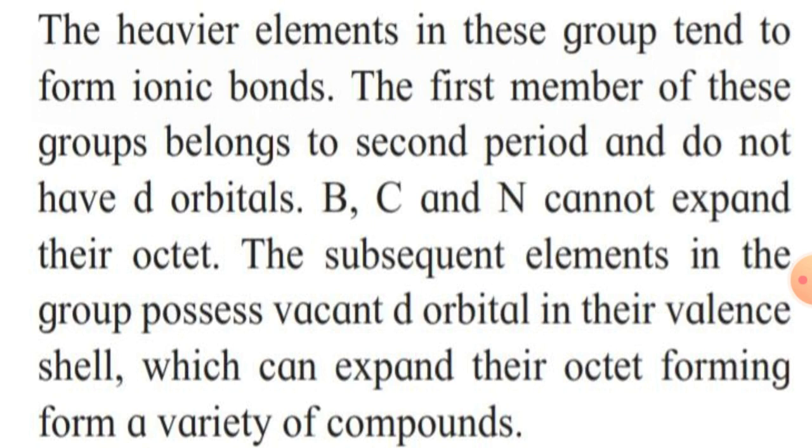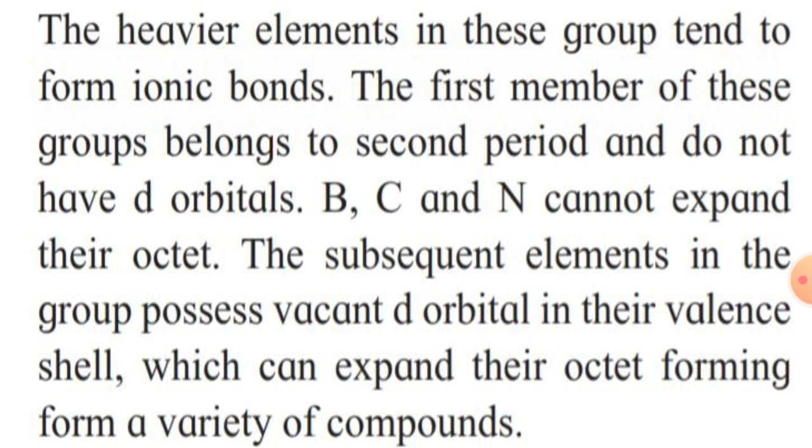Then the subsequent elements in the group possess vacant d orbitals in their valence shell. The rest of the elements possess vacant d orbitals, due to which they expand their octet and form a variety of compounds.